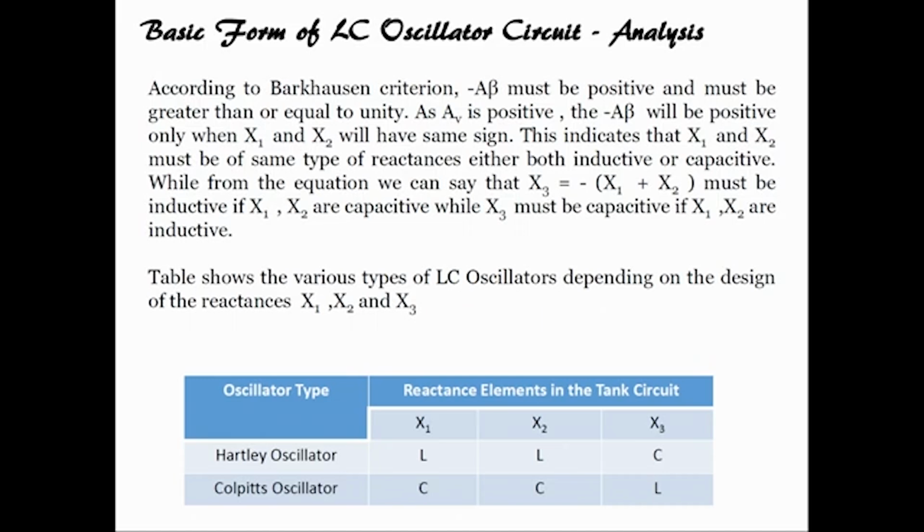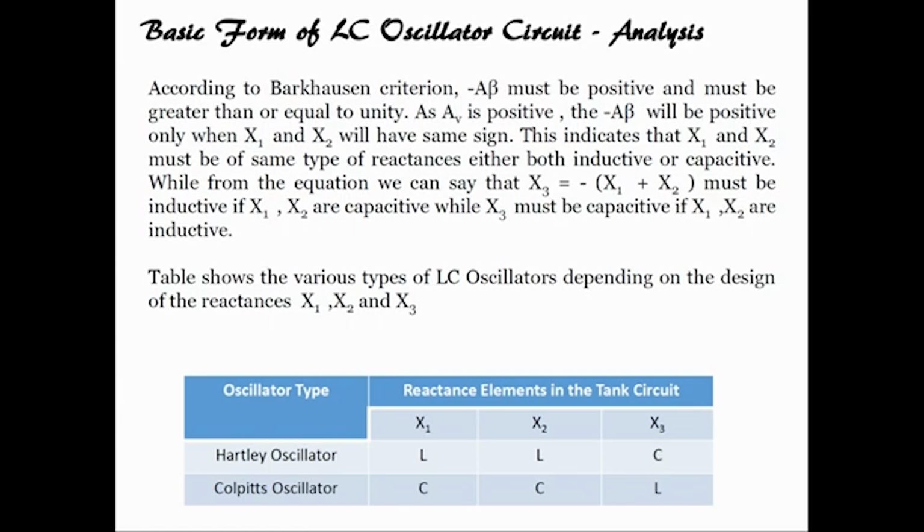We can also say that x3 equals minus (x1 plus x2). That means if x1 and x2 are capacitive, x3 should be inductive, and if x1 and x2 are inductive, x3 should be capacitive, and vice versa.